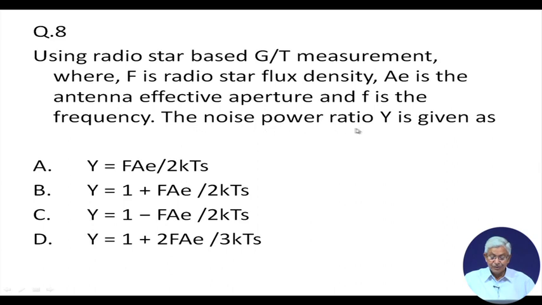The noise power ratio Y is given as, there are 4 different options given where F AE and 2 KTS are directly ratioed, 1 plus them, 1 minus them, 1 plus 2 times them, 2/3 of them, like that. 4 different options are given. Try to recollect the radio star based G by T measurement, where we used a power ratio of looking at the radio star and looking at the cold sky.